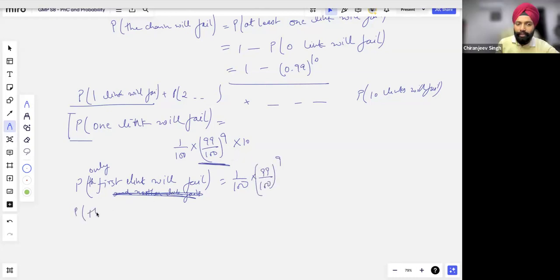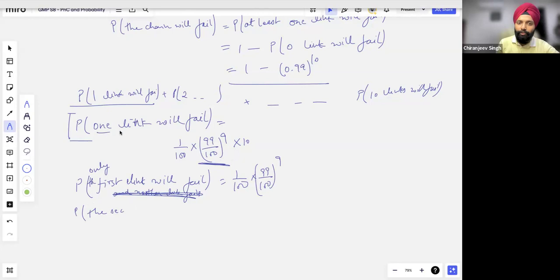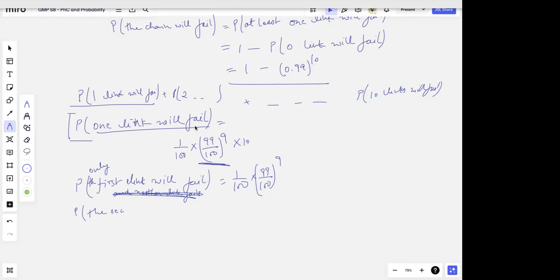And what is the probability that the second link will fail? Same. So you will not add them up? It is given that even if any one out of those 10 fails, so that's why I didn't consider 10. But now I'm getting confused. I should have selected 10 also.